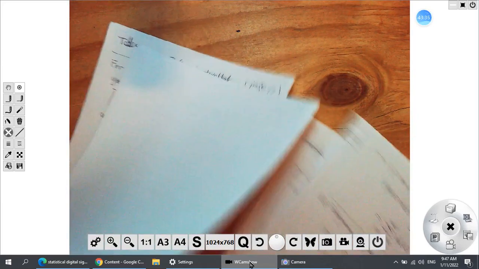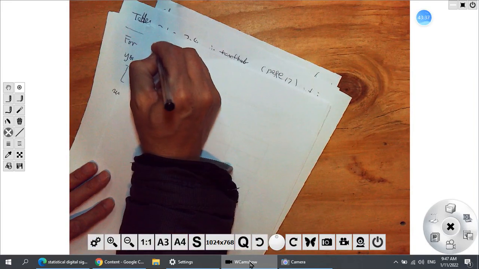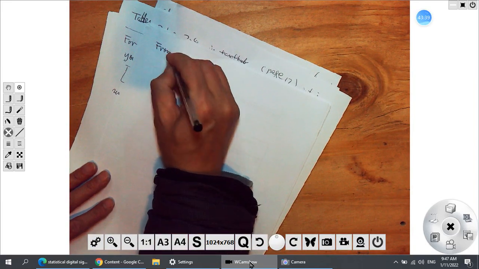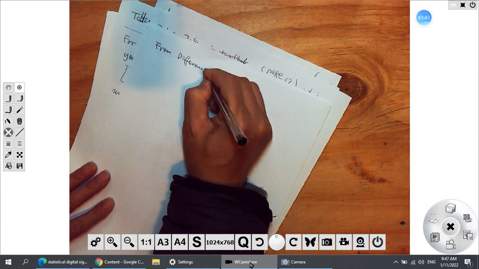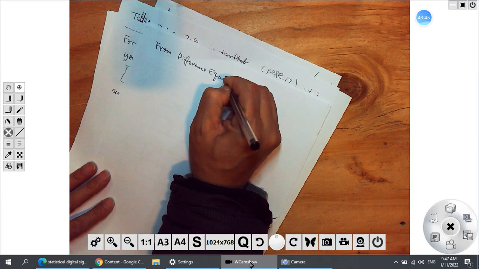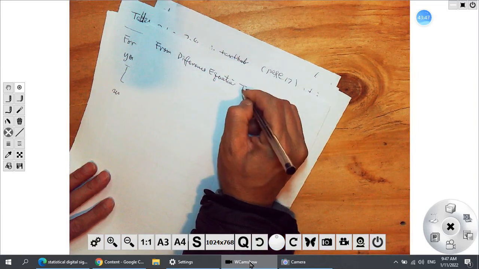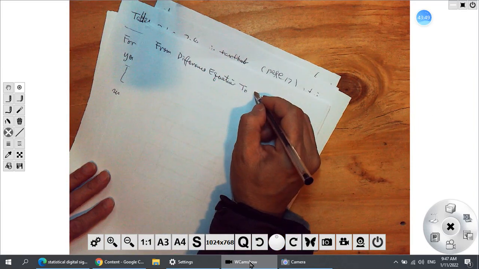This is from the difference equation to the transfer function.